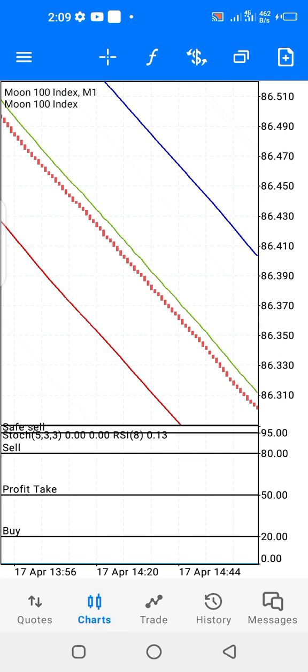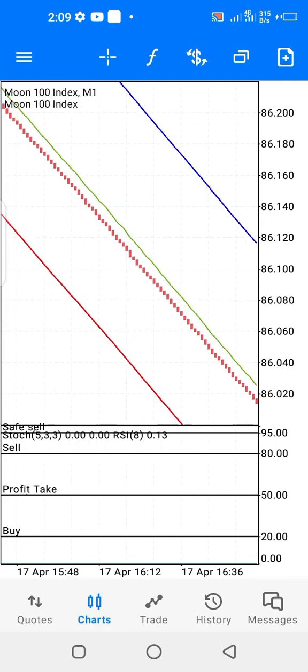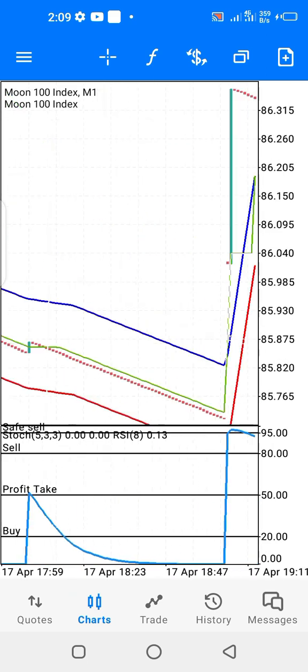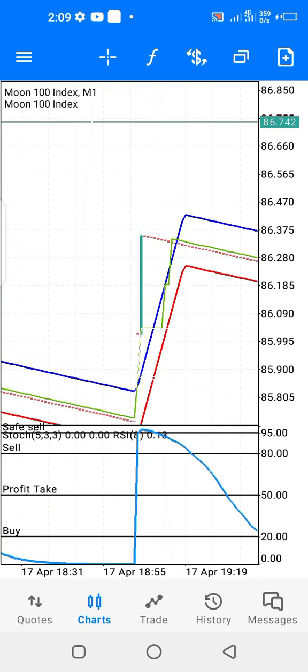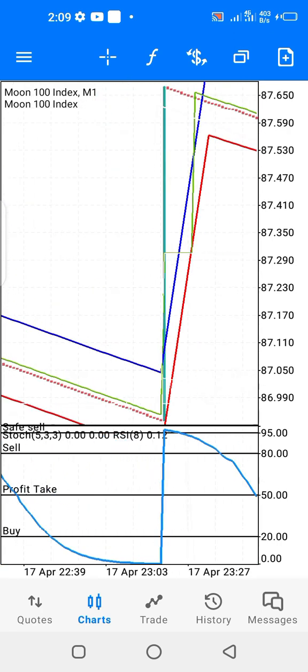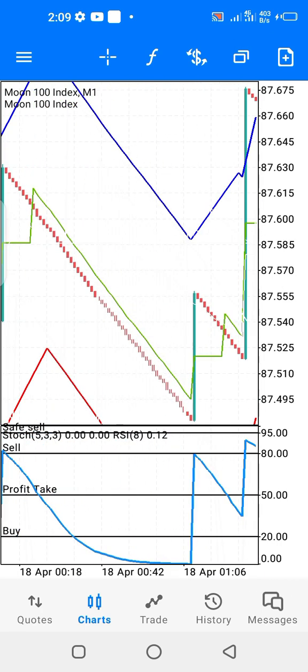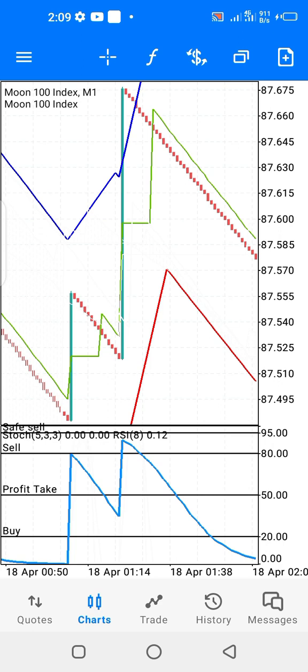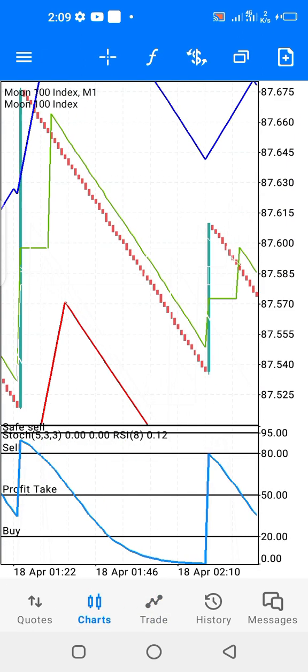I'm just going to be explaining how to use this strategy for Moon, especially for Moon 100. Please pay attention to how I'm going to explain this, because you're going to make money knowing this explanation.